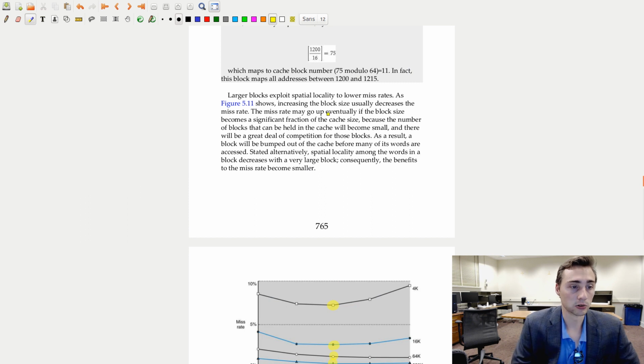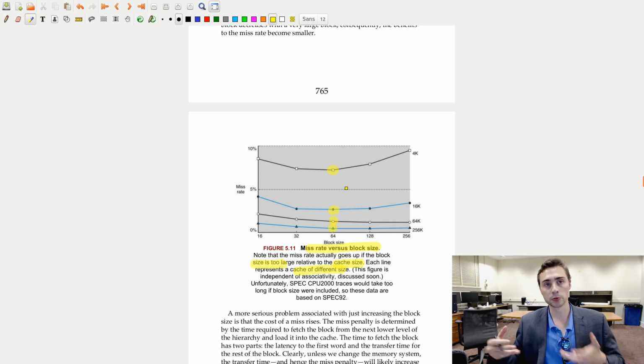So larger blocks exploit spatial locality to lower miss rates. As figure 5.11 shows, increasing block size usually decreases the miss rate, but the miss rate may go up eventually if the block size becomes a significant fraction of the cache size. This is because we can't hold multiple different spots of memory in the cache at the same time.